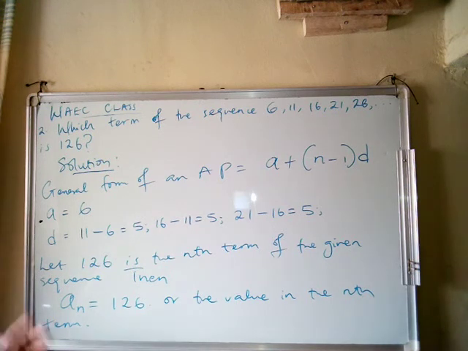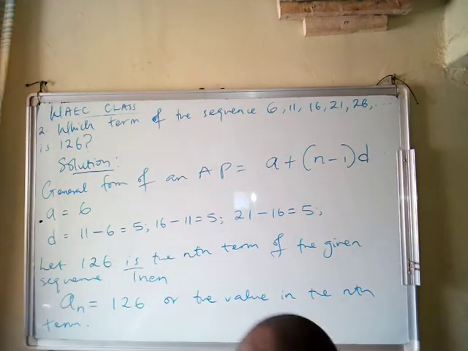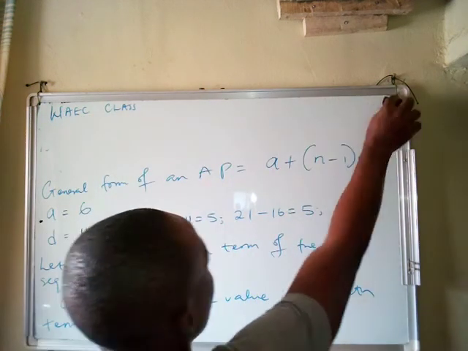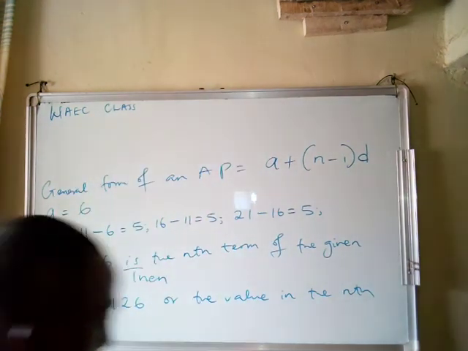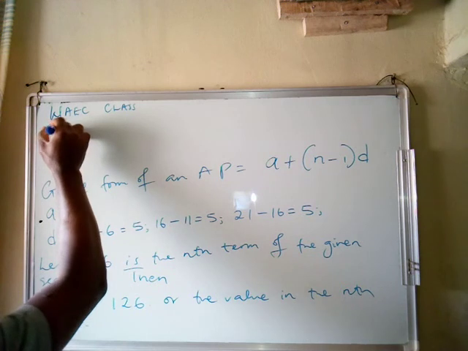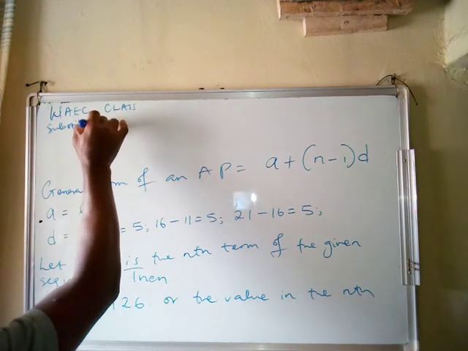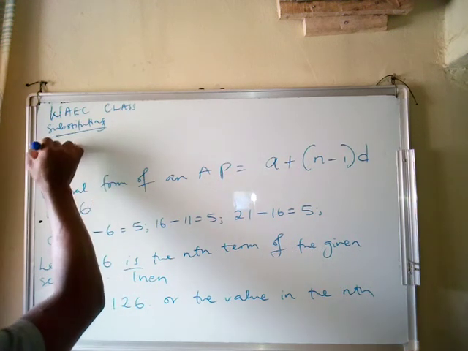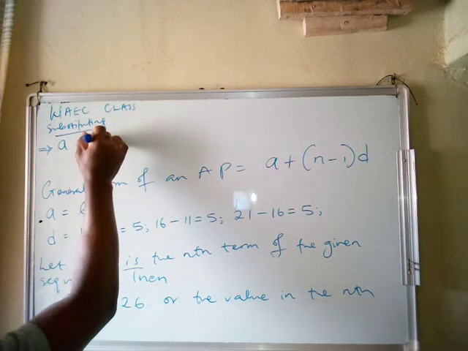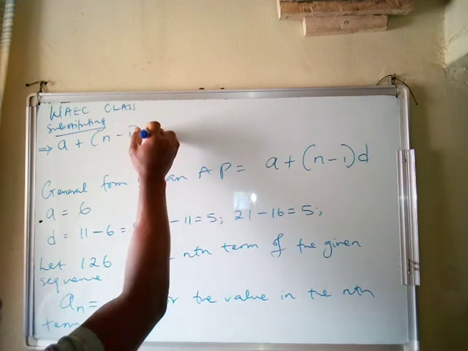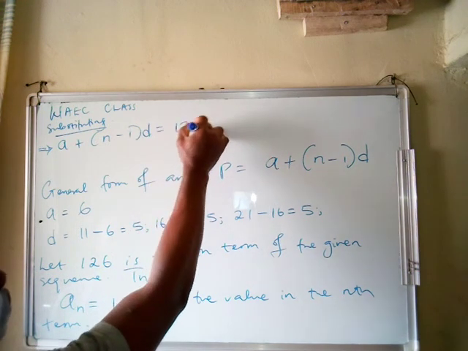So now we just would need to substitute, right? So please do take down. We're trying to create space for other solutions. So if that is the case, let's substitute. So substituting, we are going to have, so let me use this, implies that A plus N minus 1, then D, you have 126.